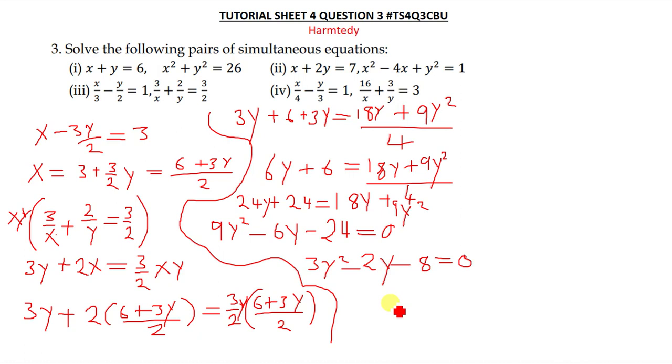These are negative 6 and 4. So we can say 3y squared, then we have positive 4y, then we have negative 6y, then negative 8. So if you want, you can switch them, which is even better.